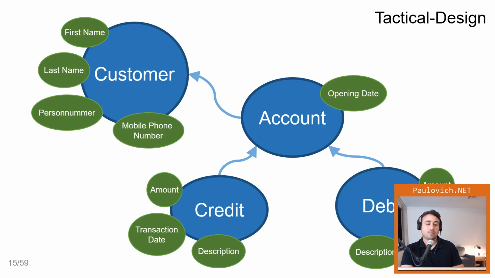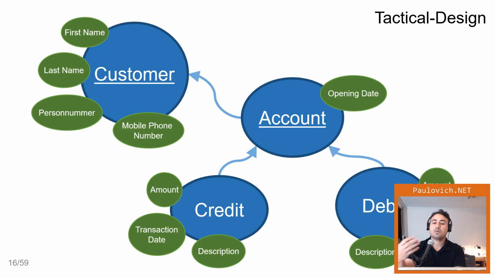And I'm going to explain later, but the customer and the account here form the aggregate whole. One way to explain that is you simply do not change the debit or the value of a debit independently.